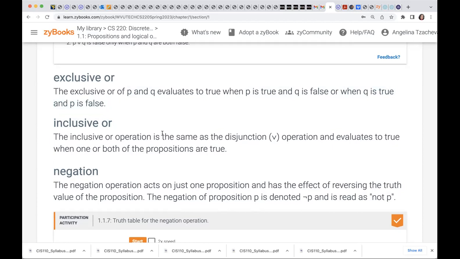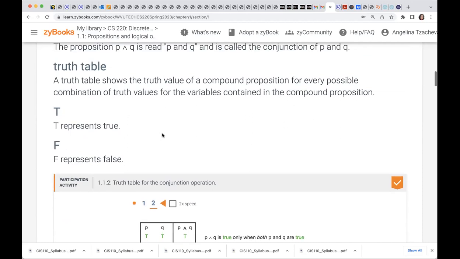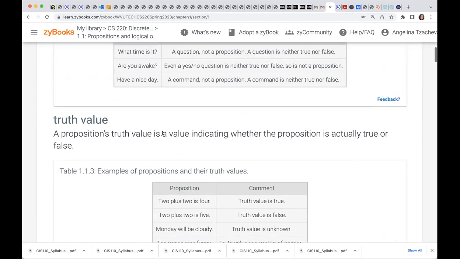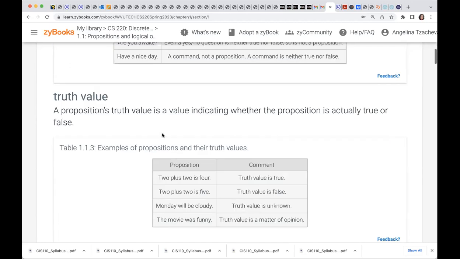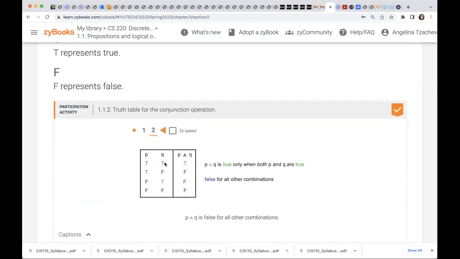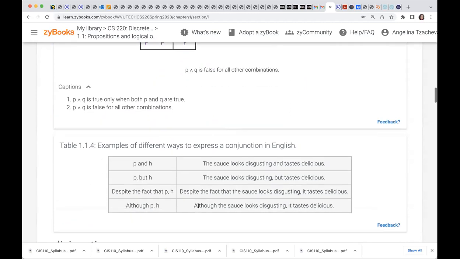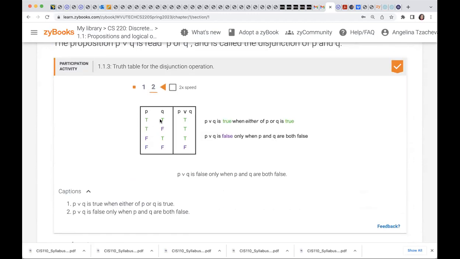So far, what we have seen with the conjunction, that is the AND operator, is that it evaluates to true when both of them are true. Everything else is false in all other cases. The disjunction evaluates to true whether we have true and false for them, or whether both of them are true.